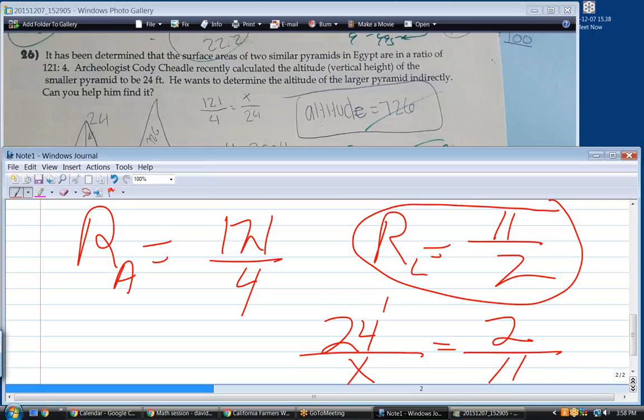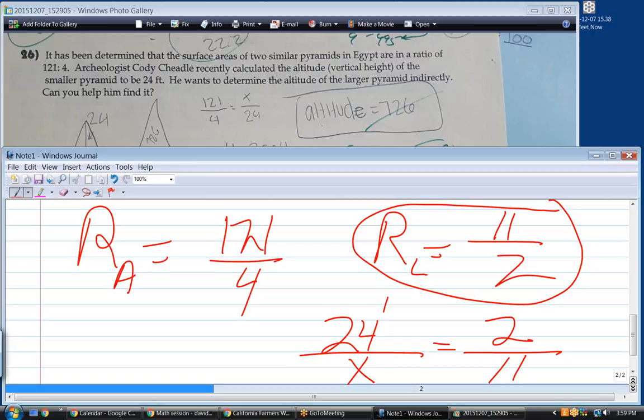Now, I know there's at least one teacher at Chatfield that likes going small to big. And I personally think that's a big mistake. I like going big to small. The reason is when you go big to small, you're always dealing with numbers greater than 1. When you go small to big, you're always dealing with numbers less than 1.